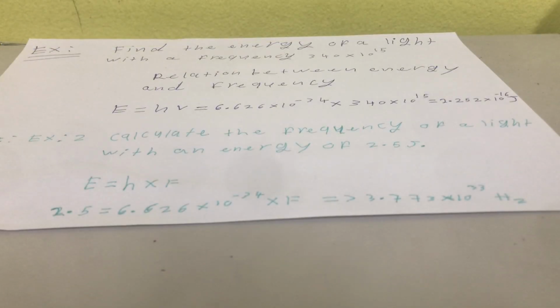Second example, calculate the frequency of a light with an energy of 2.5 joules. We apply the formula E equals H times F, or V, doesn't matter.